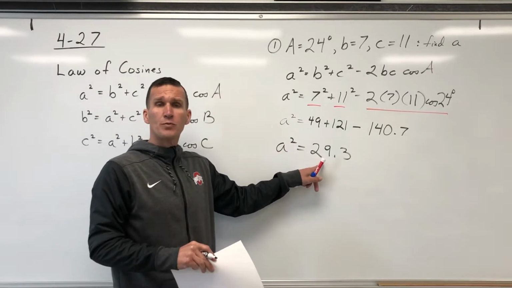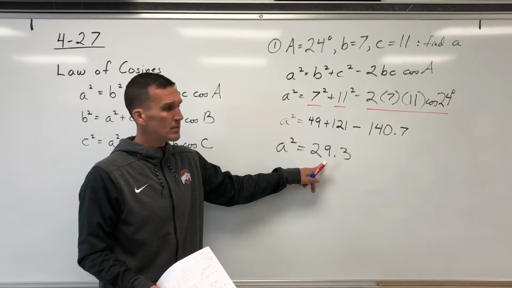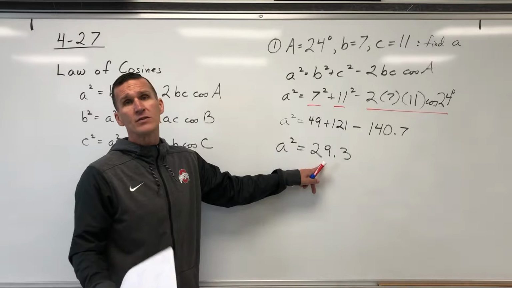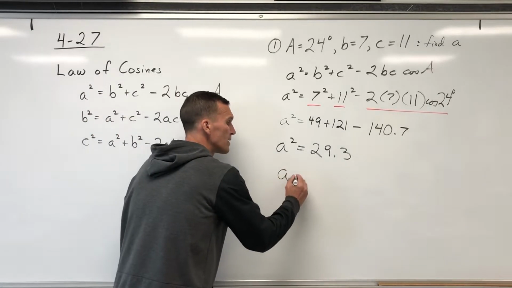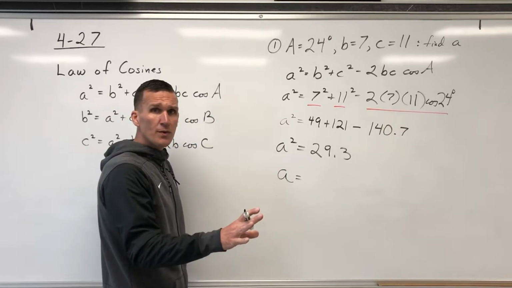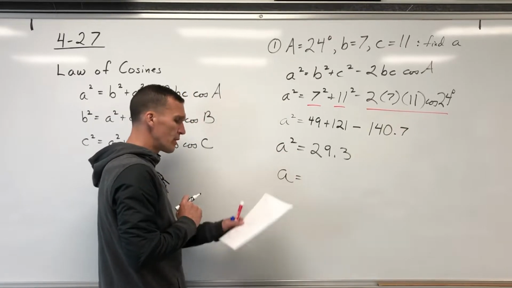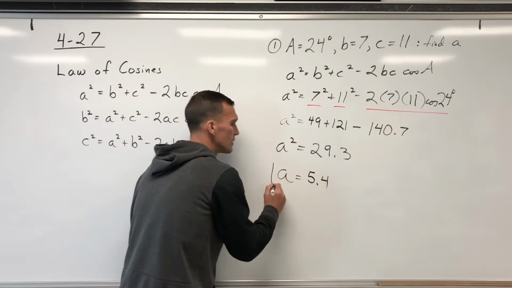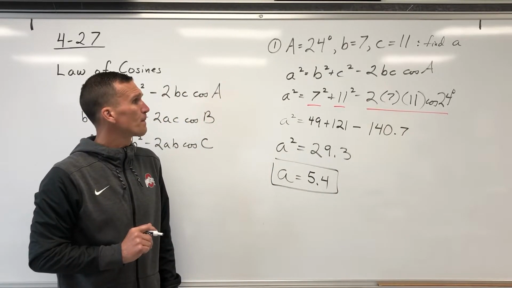Now in algebra, we should put plus or minus, but since this is a geometry problem, a triangle, can a side be negative? No. So we don't put the plus or minus there, though in a regular algebra problem we should. I take the square root of 29.3 in my calculator, and I get approximately 5.4 as the length of side A.